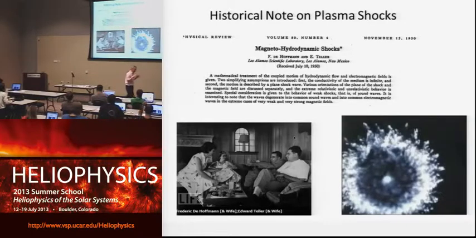The importance of shocks in plasma physics was actually to do with basically nuclear weapons. And so a lot of the original work on shocks in MHD plasmas was classified work. This was work from the 40s up until the mid-1950s or so.